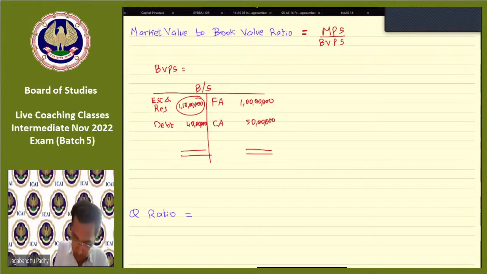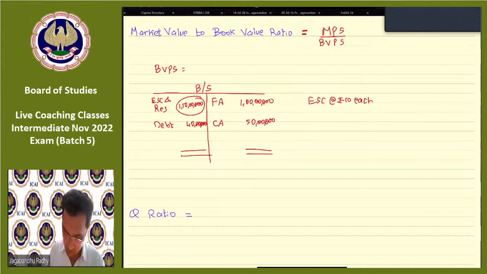Now, if I tell you that this company has an equity share capital at rupees 10 each, equity share capital stands as, let's say, 40 lakh. Okay, so equity share capital stands as 40 lakh and reserves remain as the balance 70 lakh.